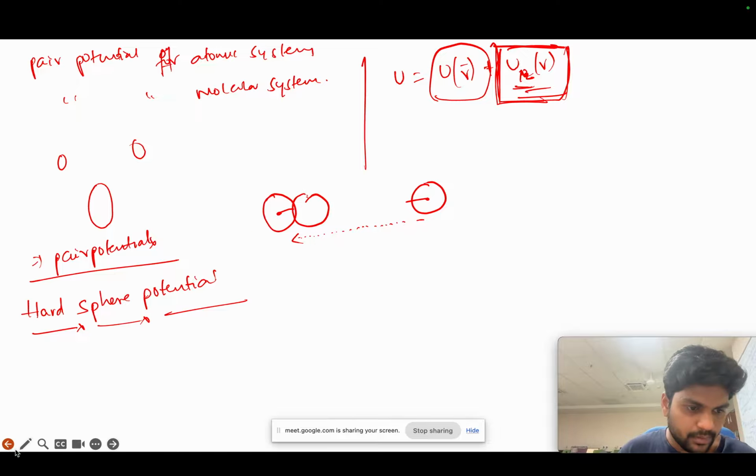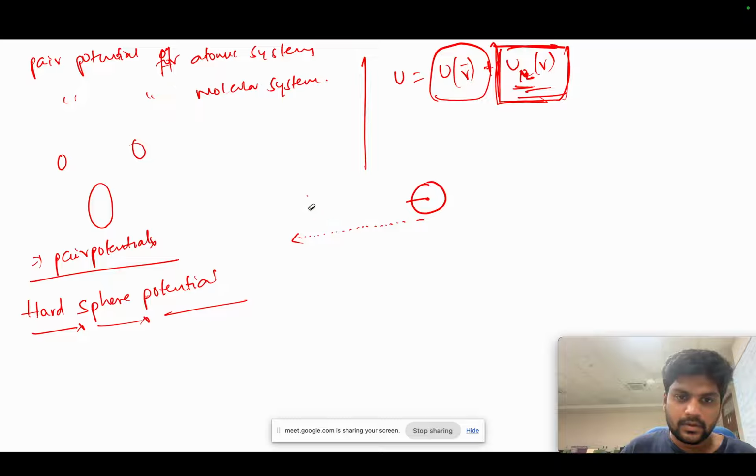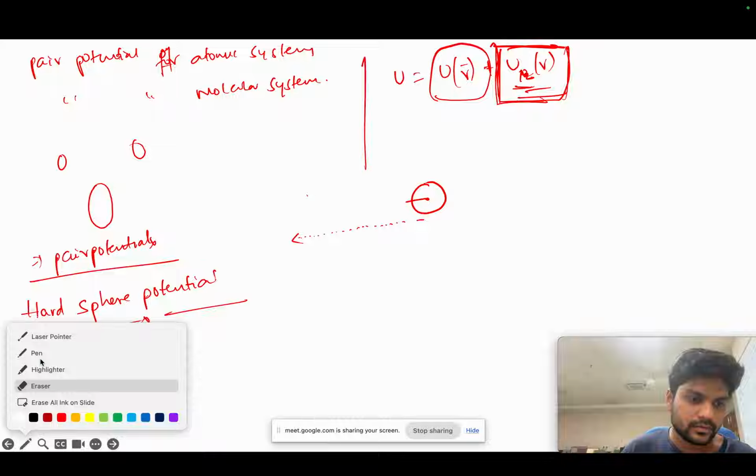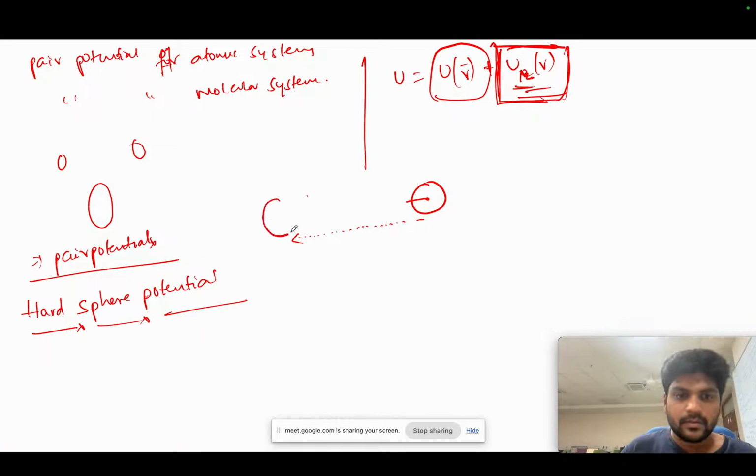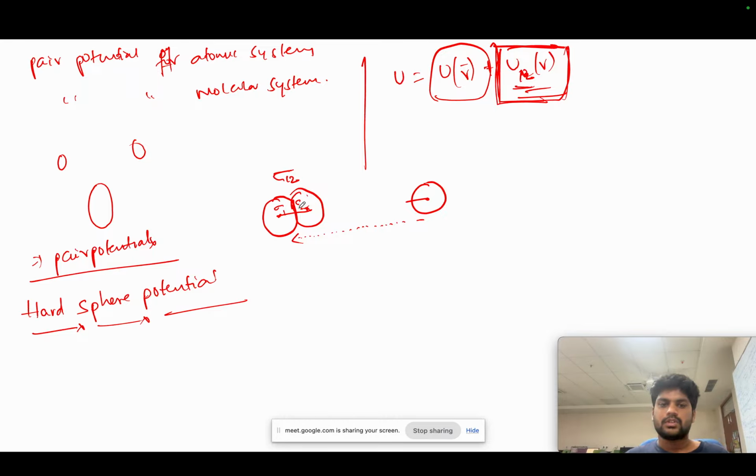Sorry, there won't be any bonding. So this is sigma 1 2. So this is sigma 1 and this is sigma 2. Okay, so the whole distance from here to here is the atomic diameter.